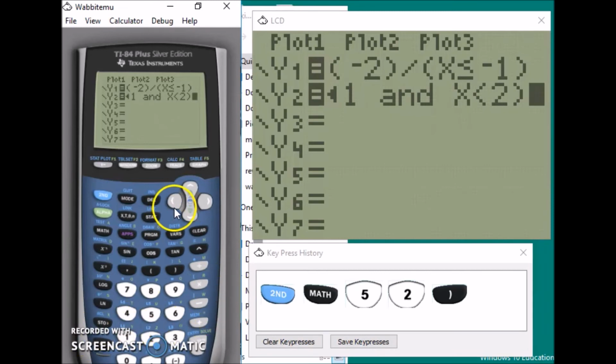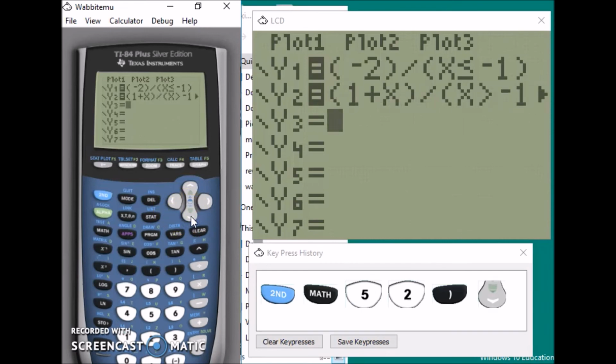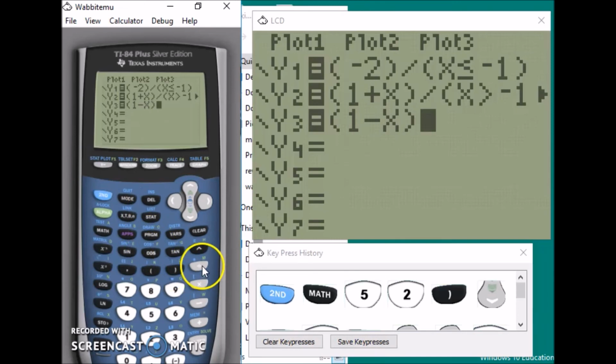Alright, now I'm going to get my third one. And then now I'm going to do parentheses, negative x, 1 minus x, right? If you get it wrong, you can just go over it, press the delete button, close the parentheses, divided by.